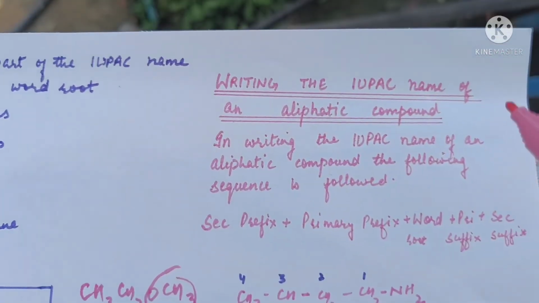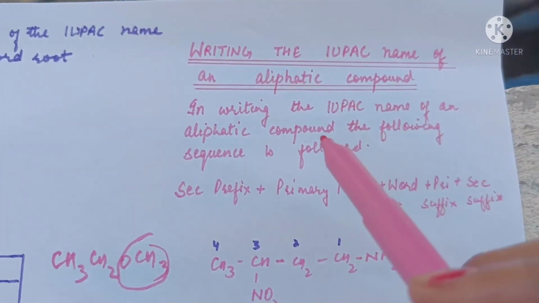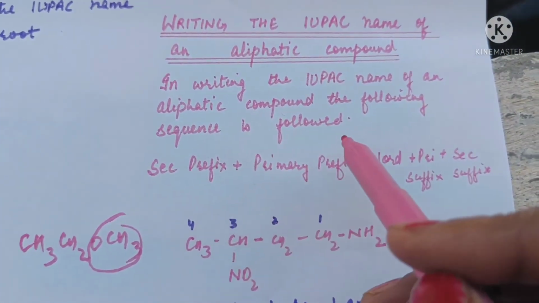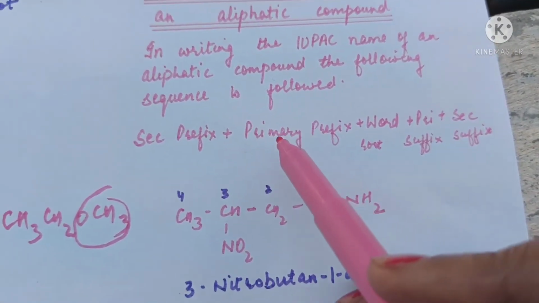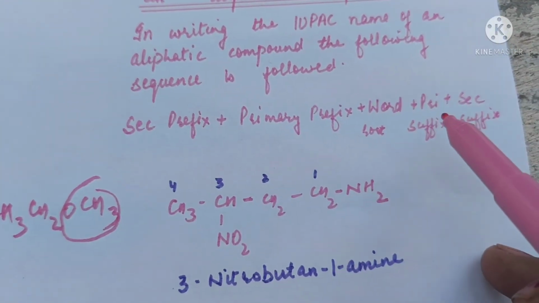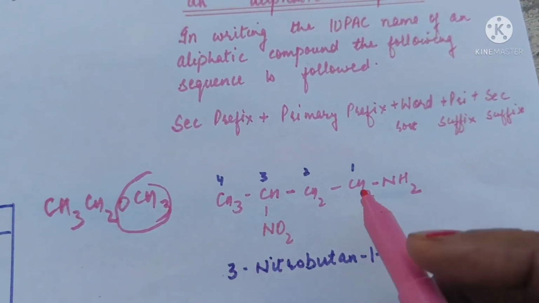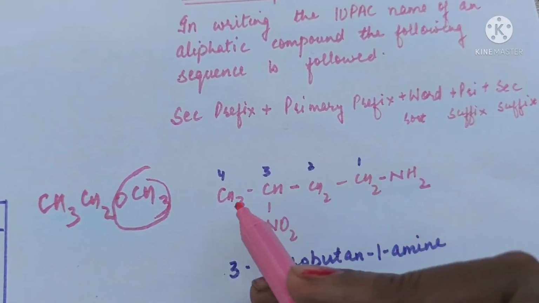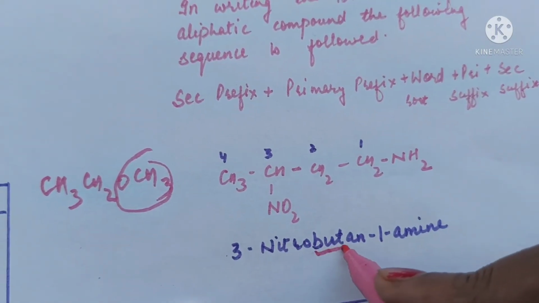So while writing the complete IUPAC name of an aliphatic compound, the following sequence is followed. First, the secondary prefix is used, then the primary prefix cyclo, then the word root, then the primary suffix, and then the secondary suffix. For example, to name this compound containing 4 carbon atoms, the word root will be but.